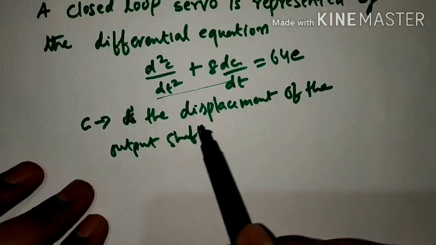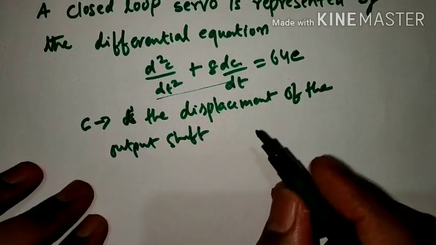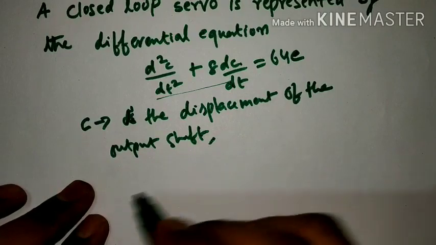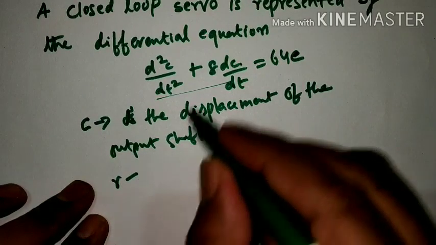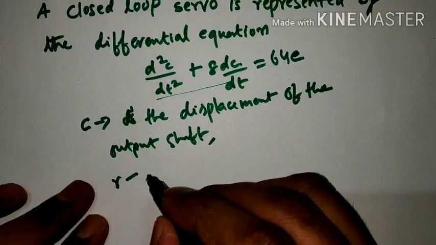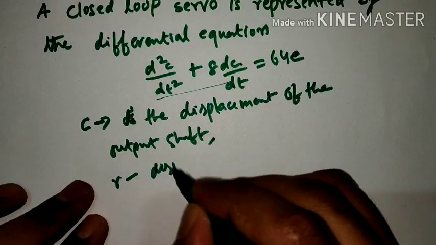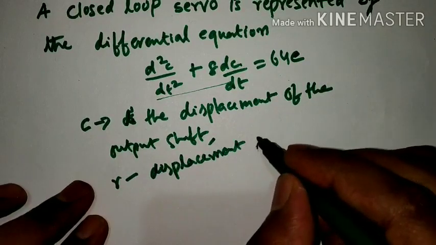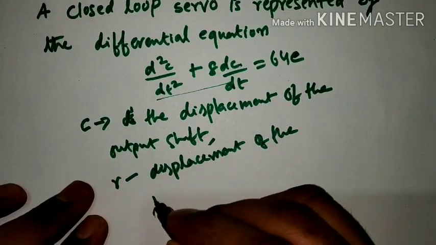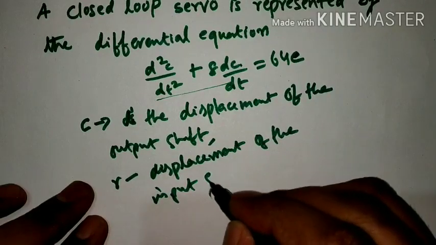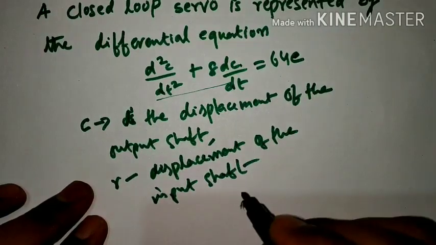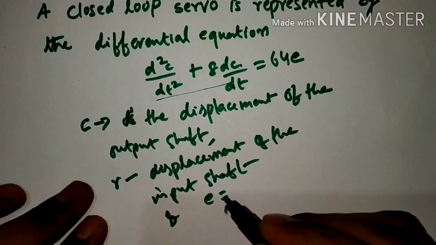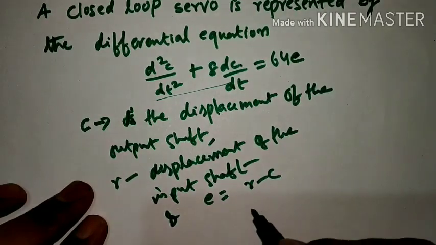So c is the displacement of the output shaft, r is the displacement of the input shaft, and e is r minus c.